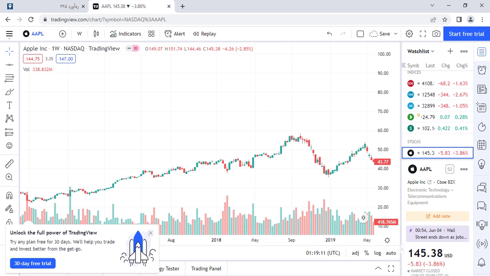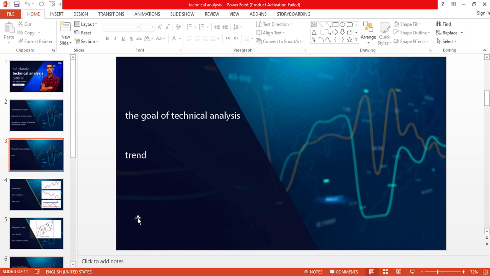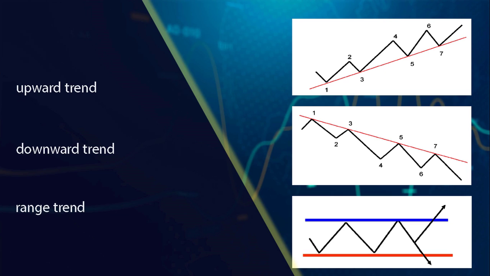We have three types of trends in technical analysis, and let me go to our PowerPoint. We have three types of trends: upward trend, downward trend, and range trend.